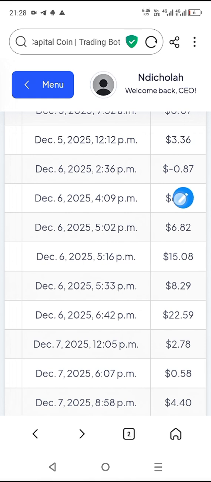That's the meaning of minus 7%, because 7% of $100 is $7.